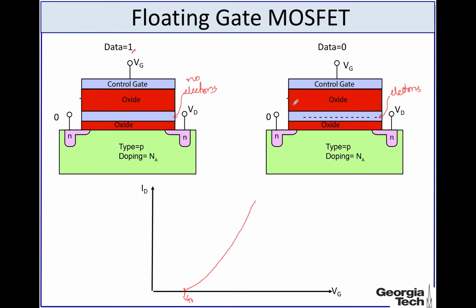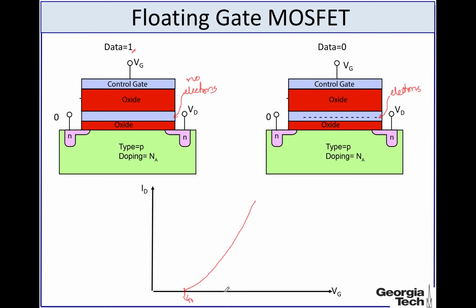In other words, to reach inversion, now you will need to apply a larger voltage. And what it essentially does is it increases the threshold voltage. In other words, if it holds a data value of 0, there are electrons in this floating gate, and these electrons in the floating gate will increase the threshold voltage.